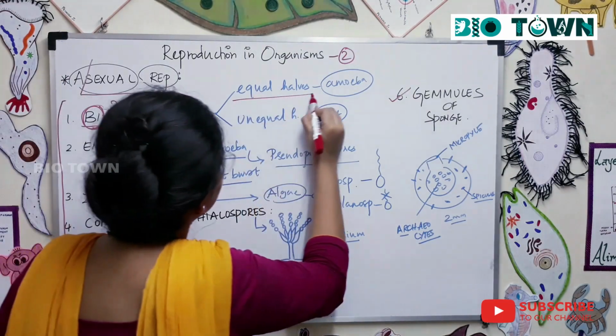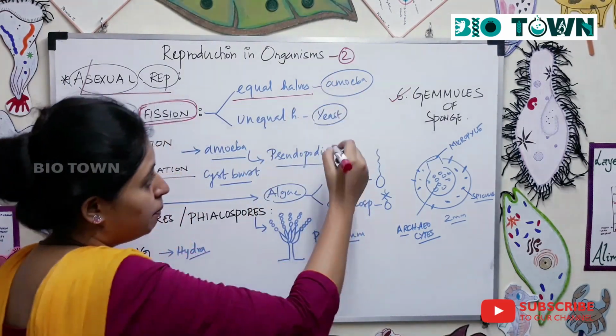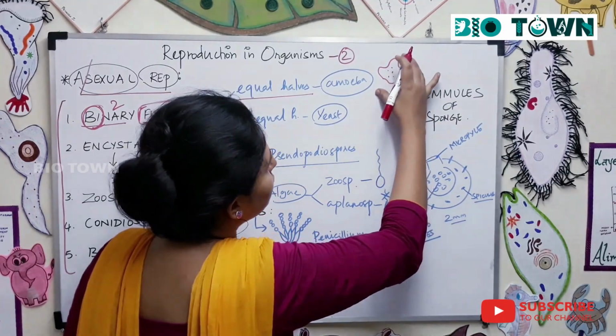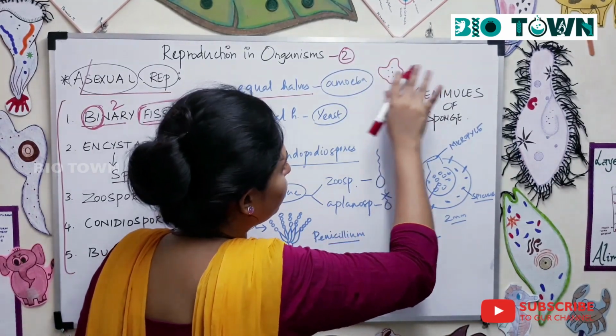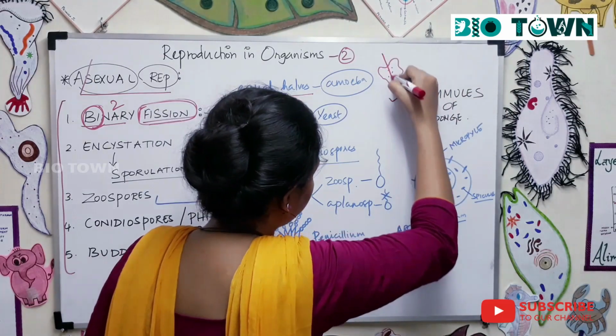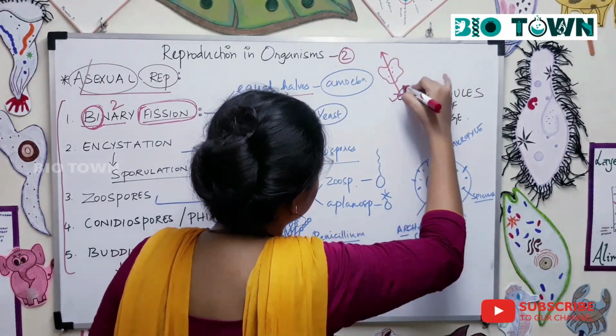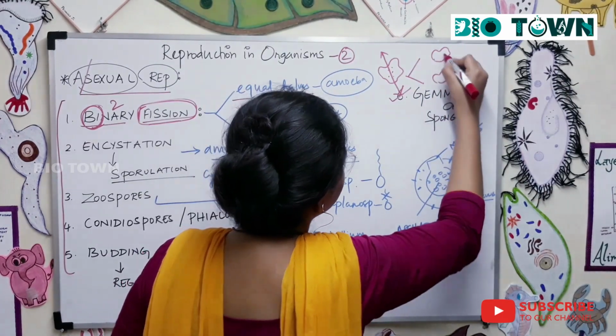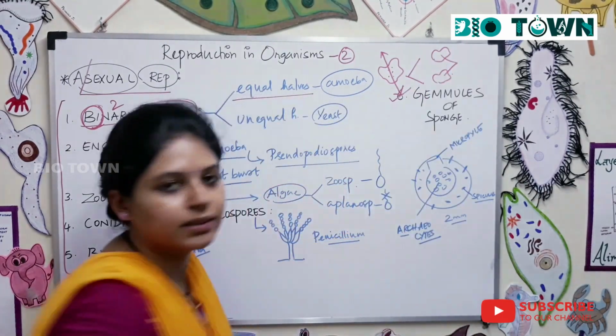Now first is equal halves. For example, when you take amoeba, in binary fission there is no plane of division in amoeba, where amoeba splits into equal halves. So there are identical daughter cells, right?